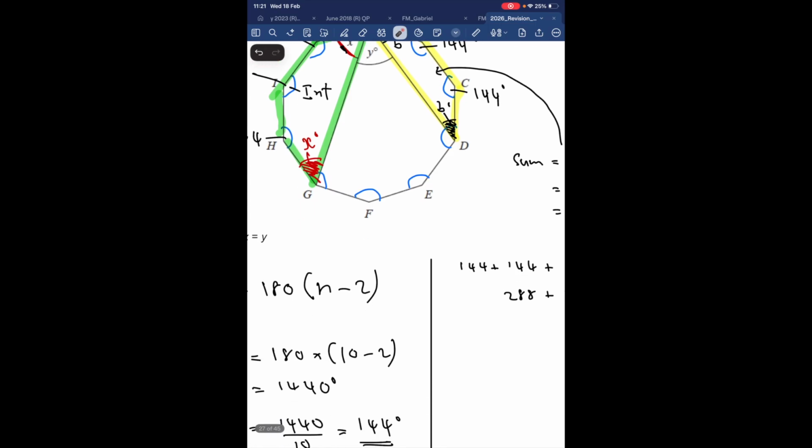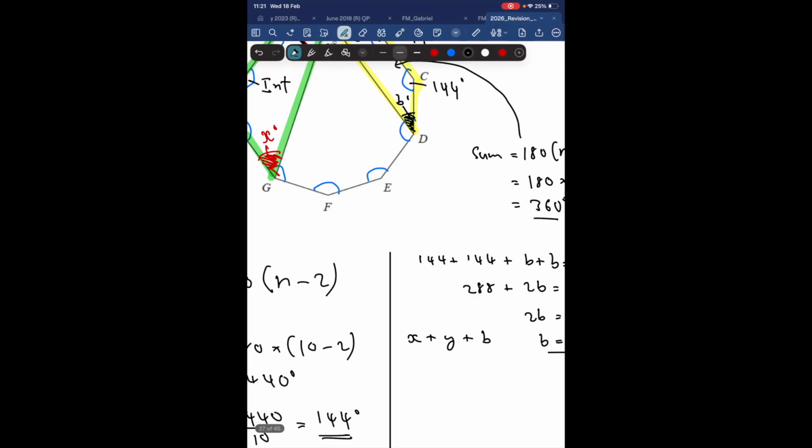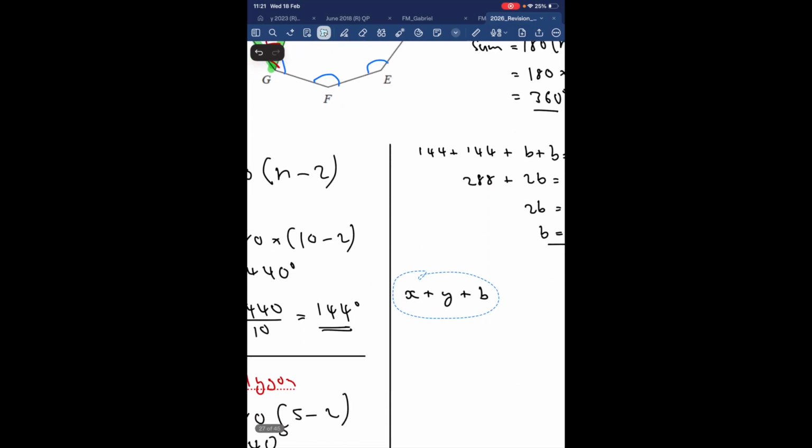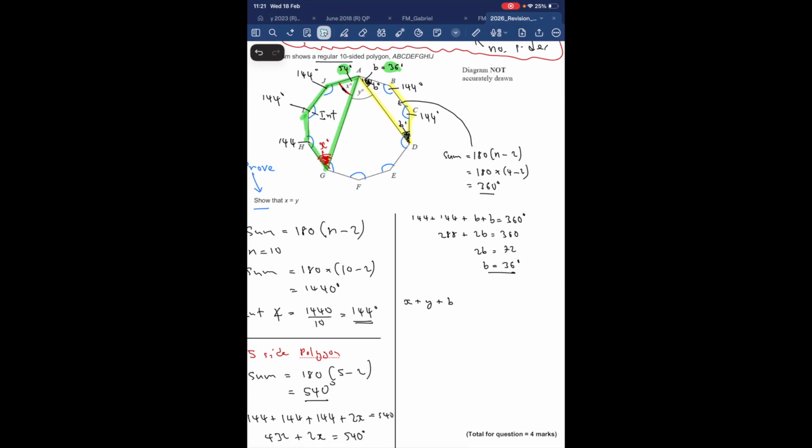So to calculate y, we can make a little equation. We can say that x plus y plus b must equal 144 degrees. The 144 degrees is the interior angle of the 10-sided polygon.